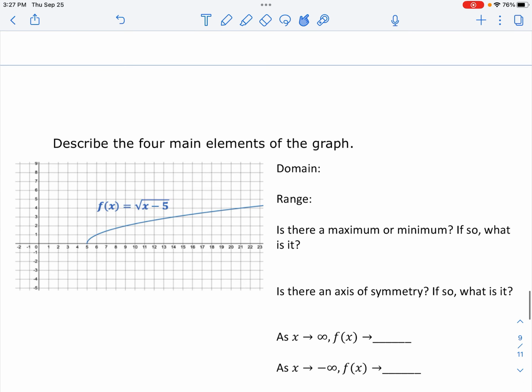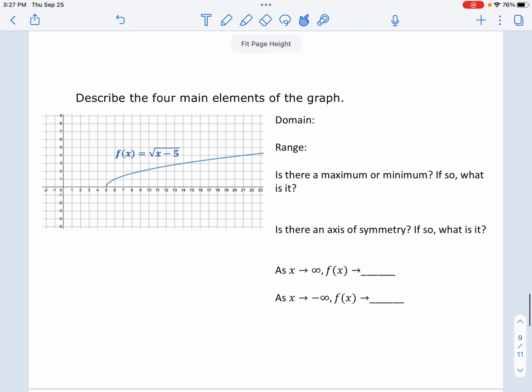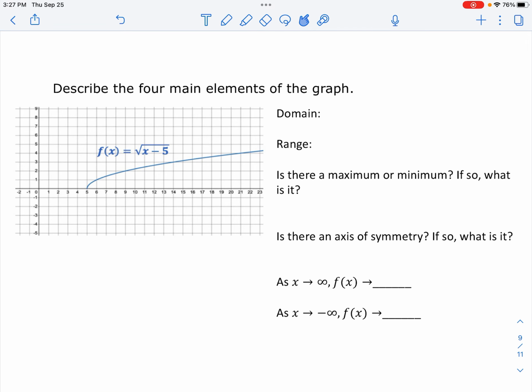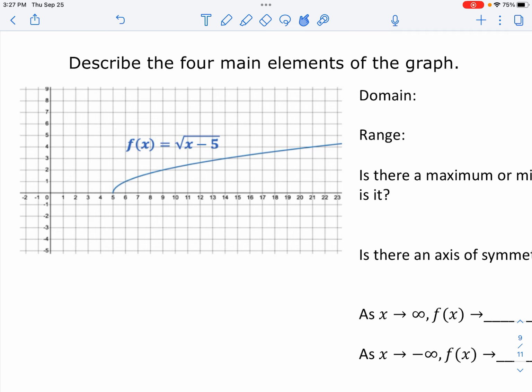Let's talk about this now in terms of what we've just learned. So there are four main elements of the graph. We've talked about domain and range before. We introduced maximum and minimum, and then axis of symmetry, and then end behavior. So what is the domain of this function? It's a square root function that's been slid a little bit to the right.